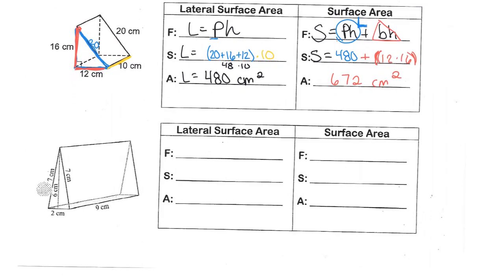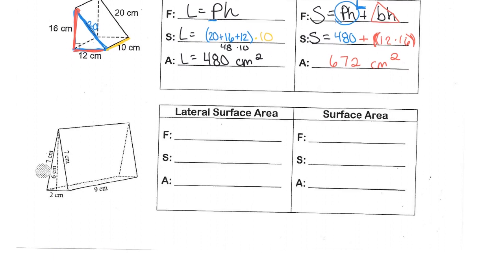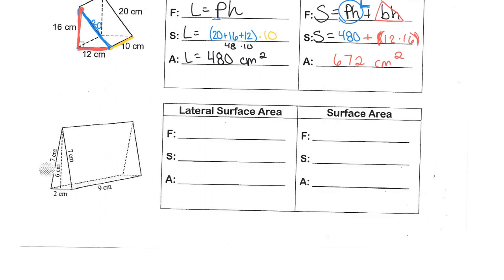We're going to do the next one together because this one's shaped a little weird. I will tell you that all of the ones on the knowledge check are going to be shaped like this one, because I find this one a little easier to understand than the one above. Again, lateral area is perimeter times the height of the prism.